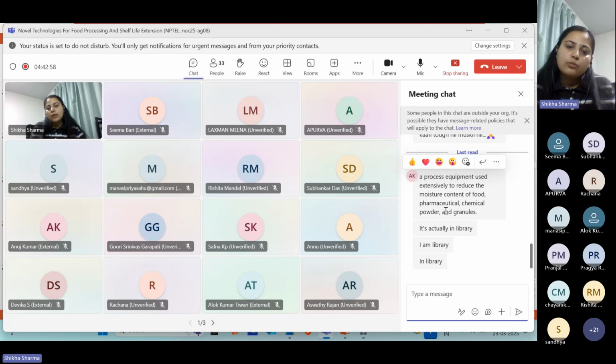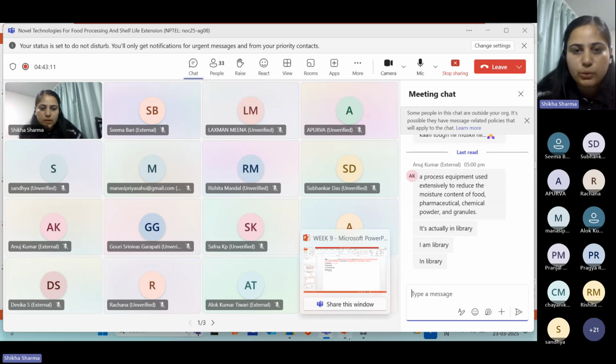From the downside, some amount of air pressure will come, and that will make the bed fluidized. That's why the term is known as fluidized bed.